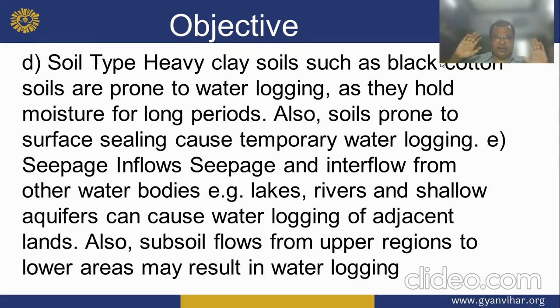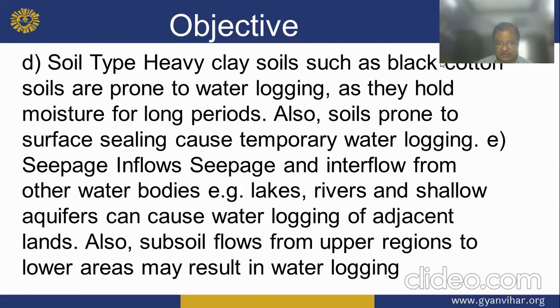Soil type: heavy clay soils such as black cotton soil are prone to waterlogging as they hold moisture for long periods. Areas with soil prone to surface sealing can suffer temporary waterlogging.